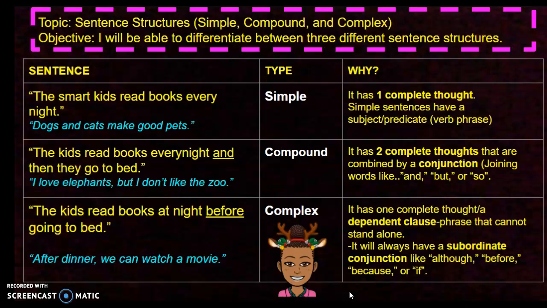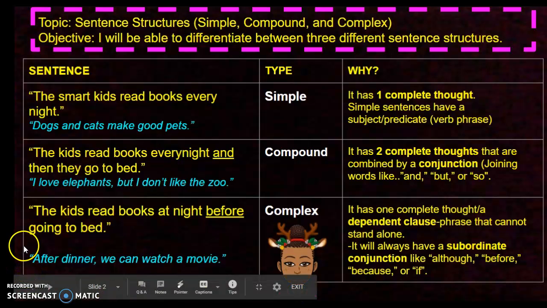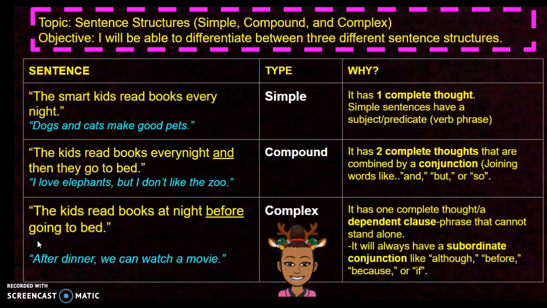So let's look at this one. Again, the kids read books at night before going to bed. So we just said that a complex sentence has one complete thought that can stand alone. And then it has another piece to it that's dependent and cannot stand alone. So let's look at it and see if we can figure out what part is the complete thought and what part is the dependent clause, the phrase that cannot stand alone.